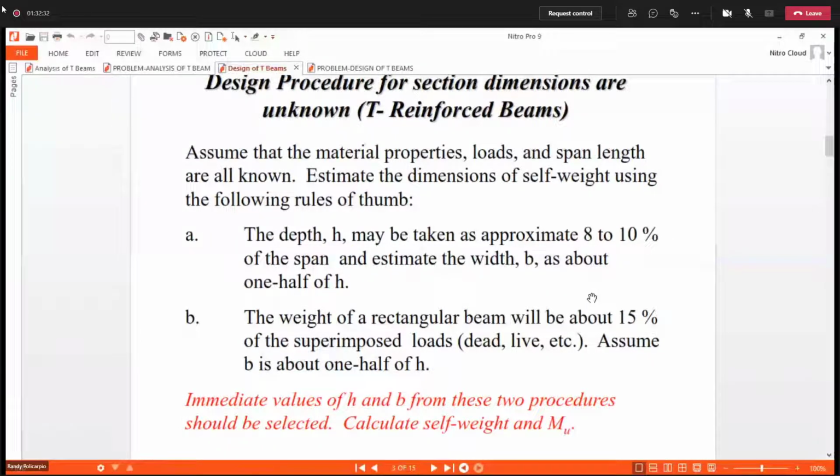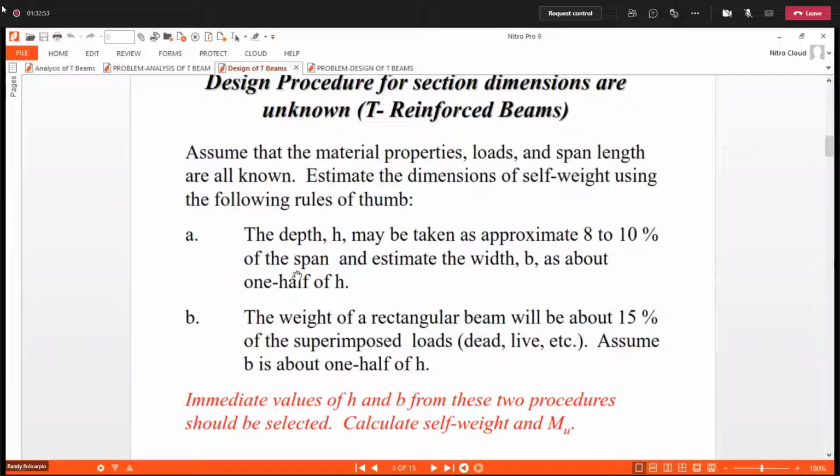Kapag kasi wala kang known dimension, okay, wala kang known dimension, ito yung pwede mong gawin, no? Okay? So, ito yung pwede mong gawin pag wala kang dimension. Okay, so, ito yung rule of thumb na pwede natin gamitin.